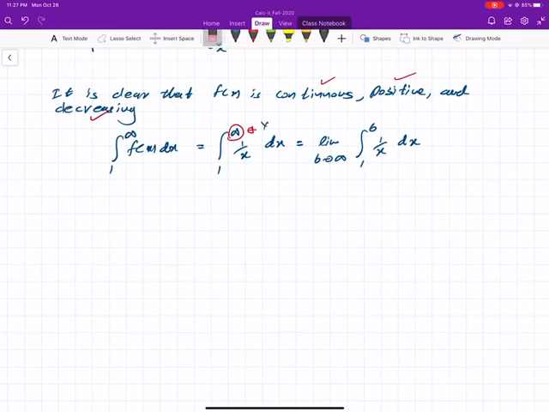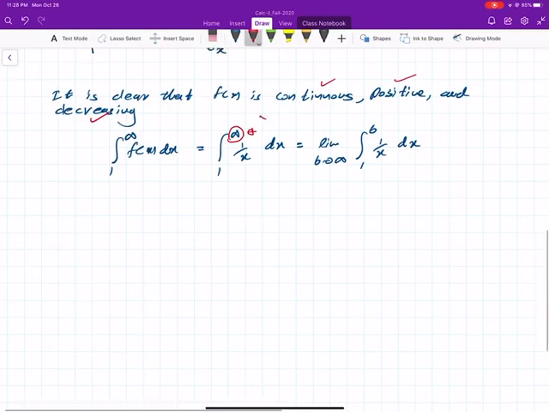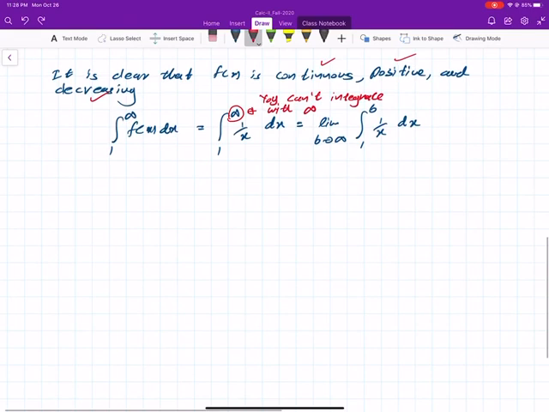Let me write that: you can't integrate with infinity. Because of that, you just use this trick. You integrate from 1 to b, and then you say b goes to infinity. Okay, now do the integration.